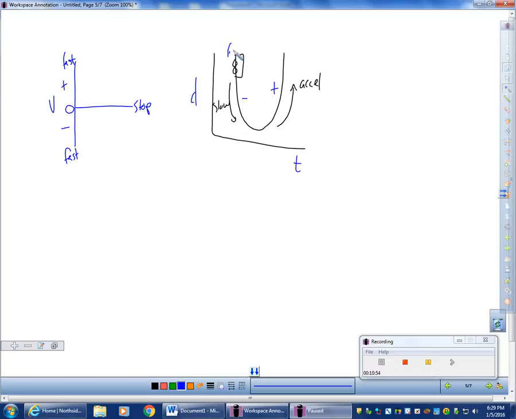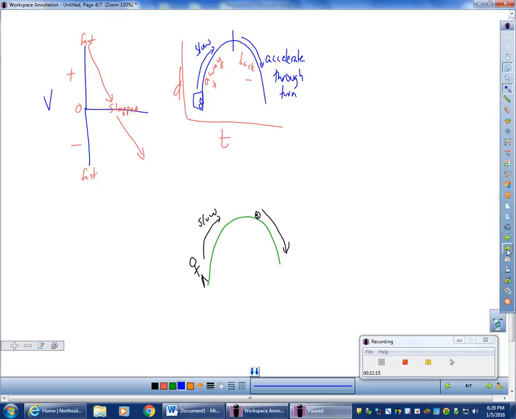Once I reach that midpoint, I'm going to move in the other direction, so I'm now in the positive direction, moving away, and I'm going to accelerate through that turn. So between this graph and this graph, we have 4 different methods that we can have motion.